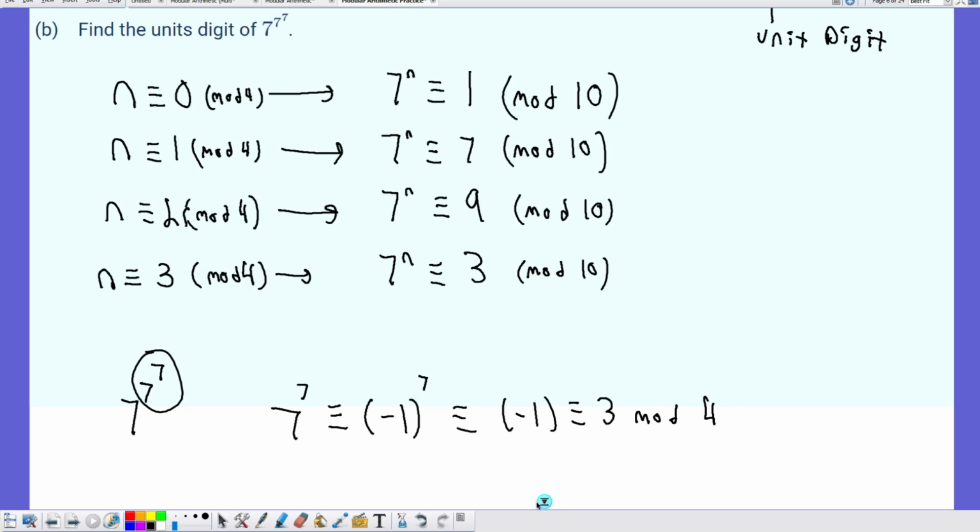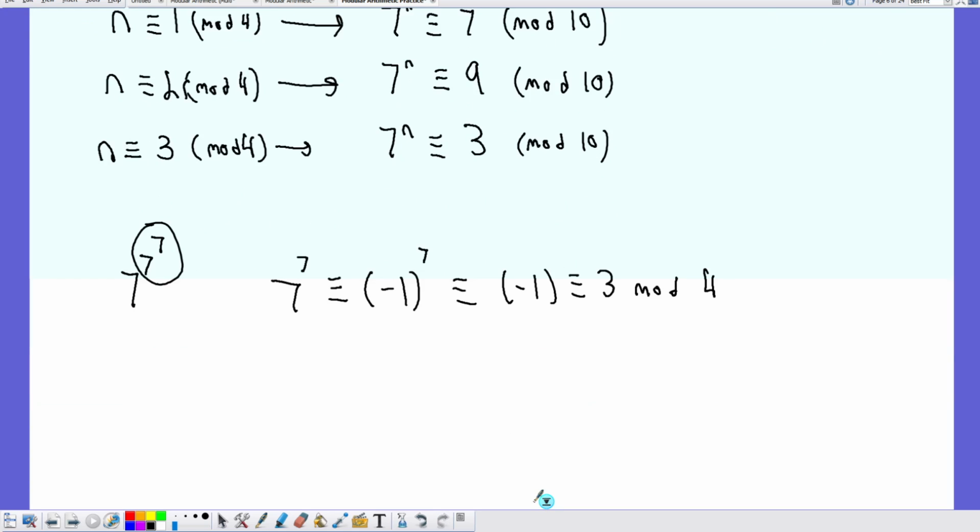So, using this information, I know that 7 to the 7 to the 7th power is going to be equivalent to 7 to the 3rd. And if n is equal to 3 on my exponent chain, then that's going to become equivalent to 3 mod 10.